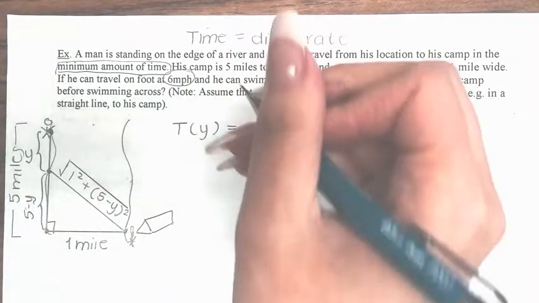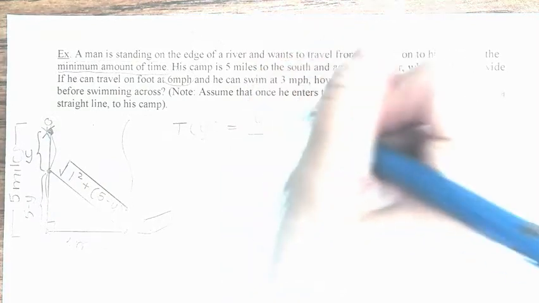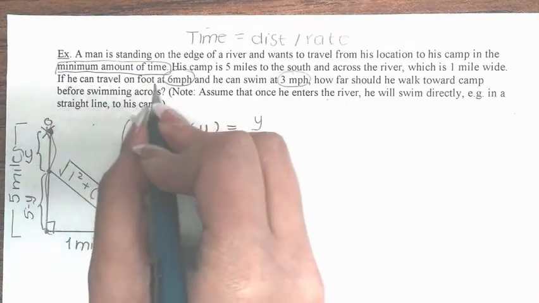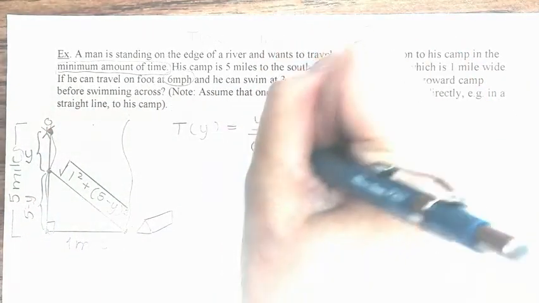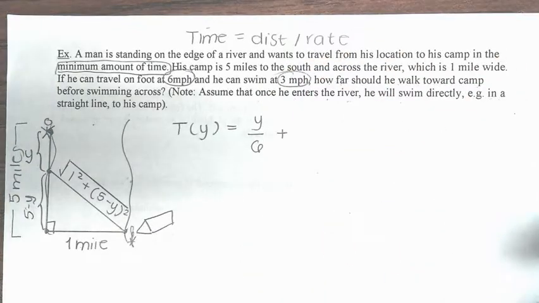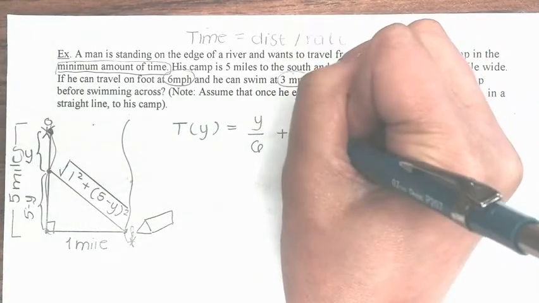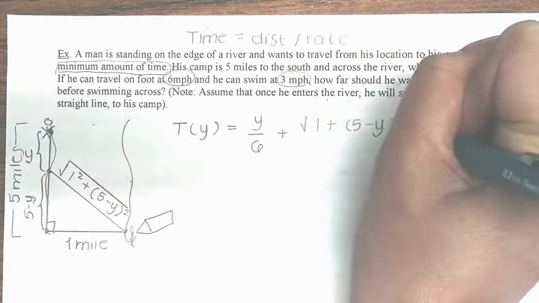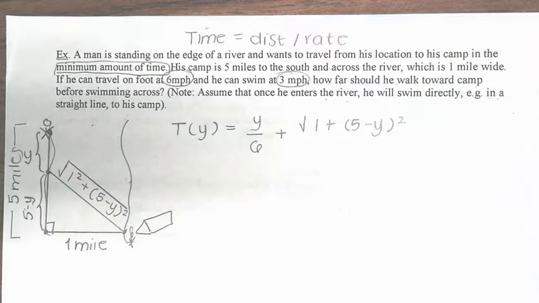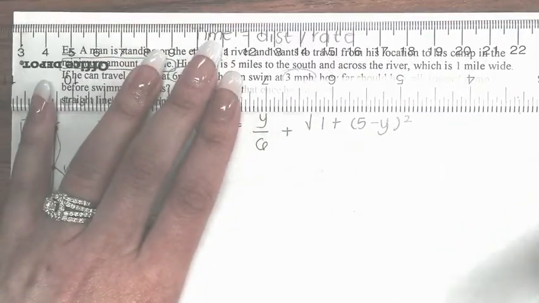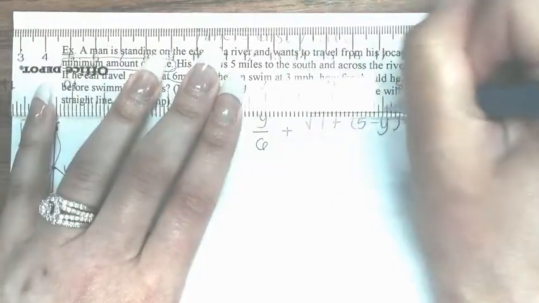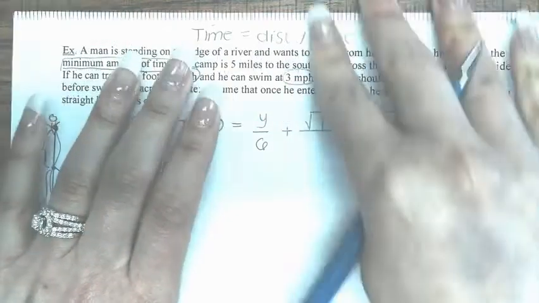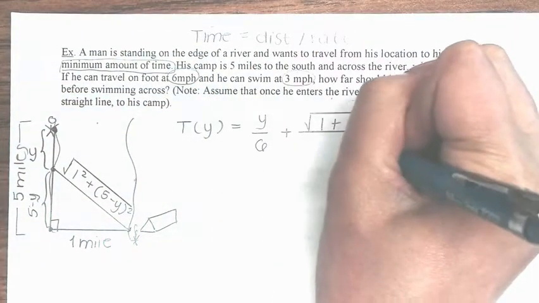The distance of the walking is going to be y, and the rate is going to be 6. Similarly, the swimming part is going to be the square root of 1 plus (5 minus y) squared, everything inside the square root, and this is going to be divided by the rate of the swimming, which is 3.